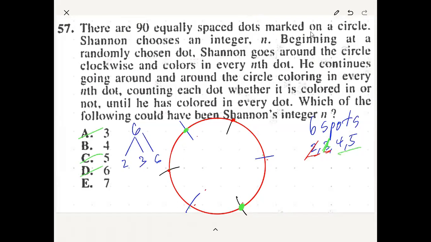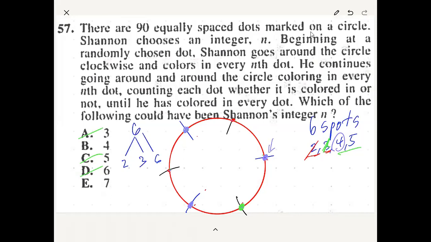I had 4 and 5. And so here's what I decided. I said, okay, let's try 4. 4 does not go into 6 evenly. So I said, let's start with this. So we'll start here, and we're going to go every 4 spots. So we're going to go 1, 2, 3, 4. 1, 2, 3, 4. Then we're going to go 1, 2, 3, 4. And then we wind up coming back to where we started.